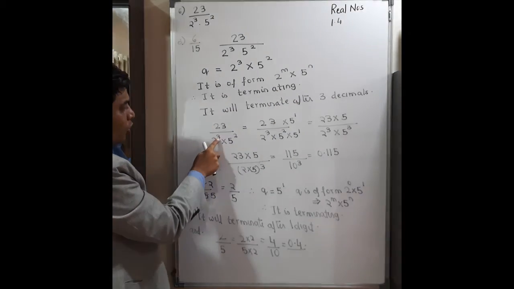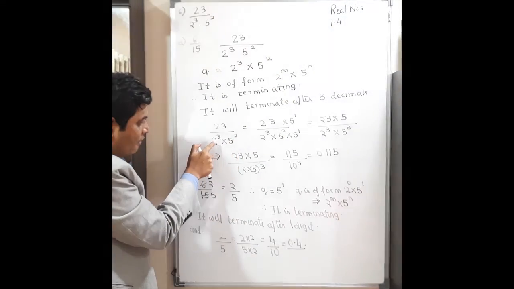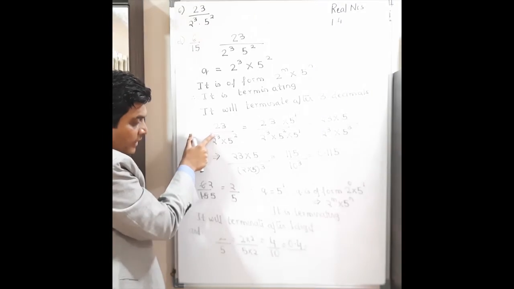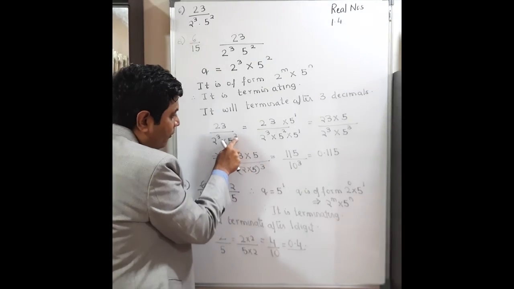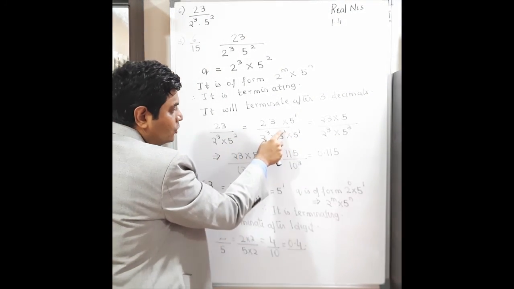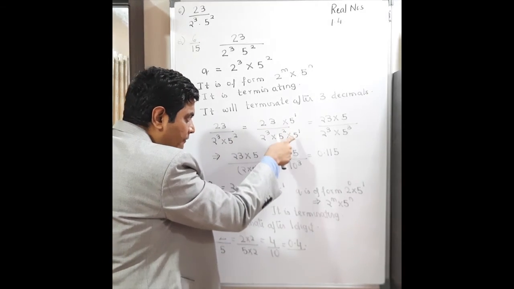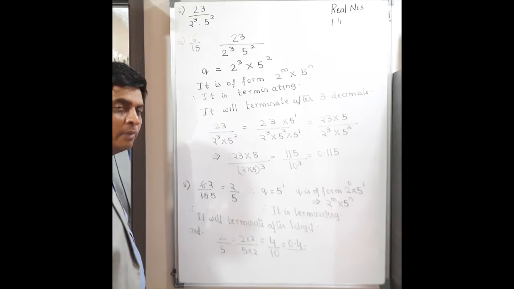So 23 upon 2 raised to 3 into 5 raised to 2. What I have to make? I have to make the power of 2 and 5 same. What is the power of 2? It is 3. So I have to make 5 also power 3. So therefore, already 2 is there. I will multiply it by 5 raised to 1. Because 5 raised to 2 into 5 raised to 1 will become 5 raised to 3. If I am multiplying the denominator by 5 raised to 1, I will have to multiply by numerator also.